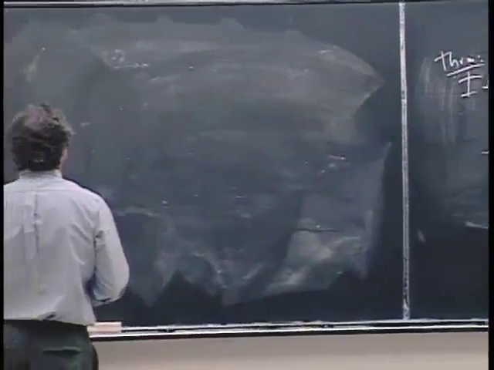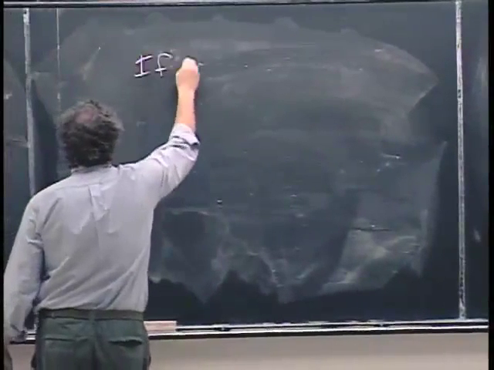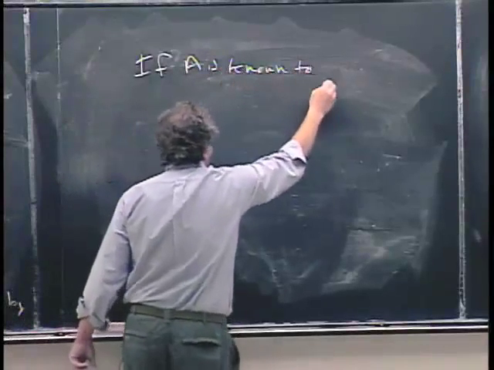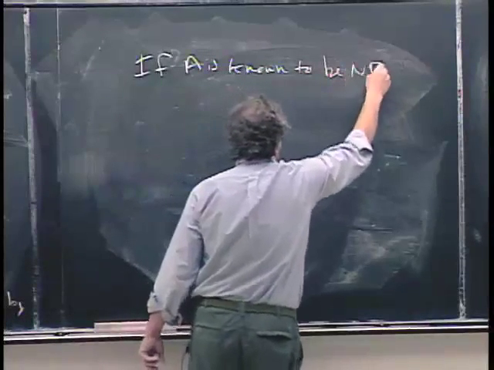How do I prove that additional problems are NP-complete?